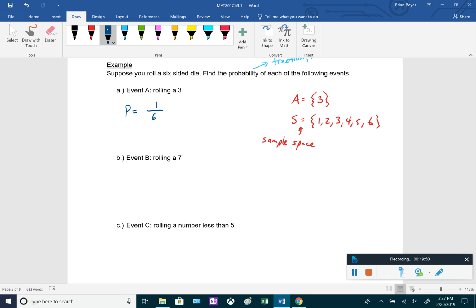Oops, I forgot the probability of event A. The probability of event A happening is 1 out of 6. So that's an acceptable answer. Or as a decimal, that would be 0.167. As a percent, that would be 16.7%. So all acceptable answers: 1/6, 0.167, or 16.7%.